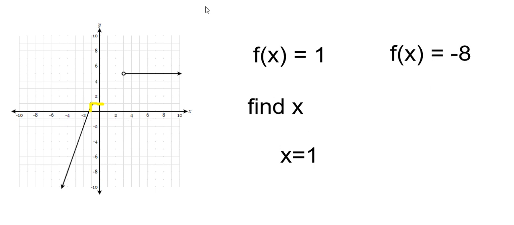Well, we would just go ahead and look and see where's the height of negative 8. And we would say, okay, what does that correspond to as far as the x value? We'd say negative 4. So when x is equal to negative 4, we know that the function has the value of negative 8.